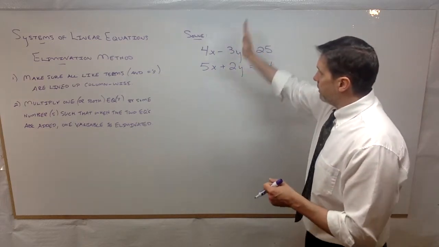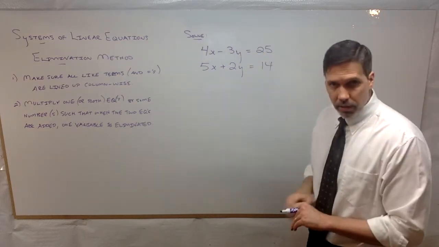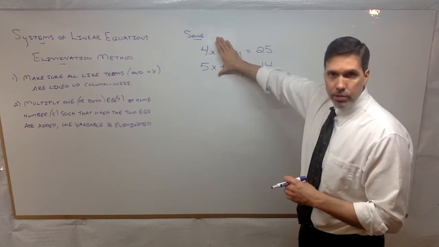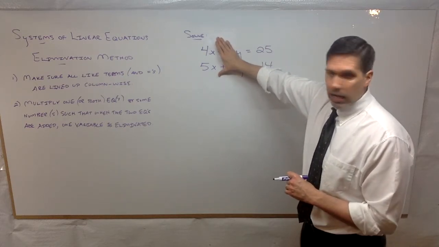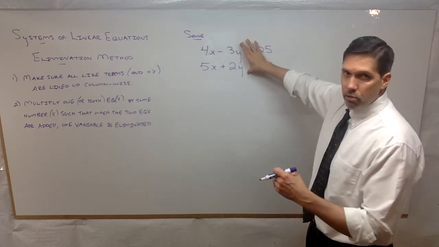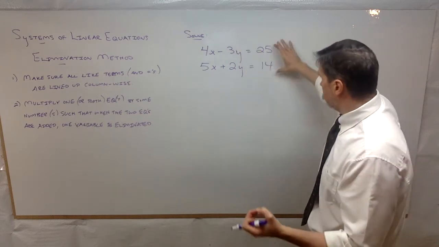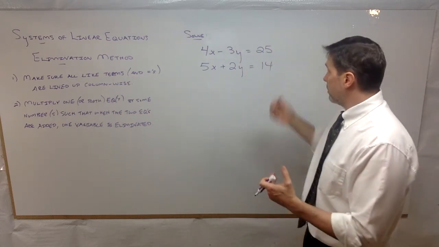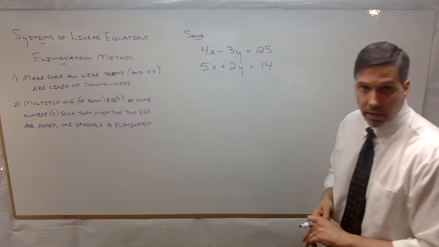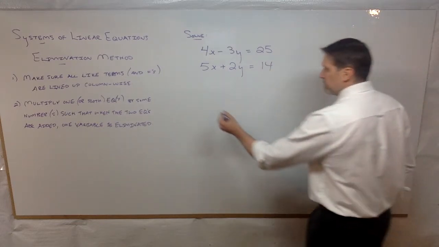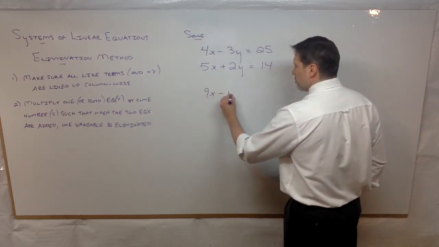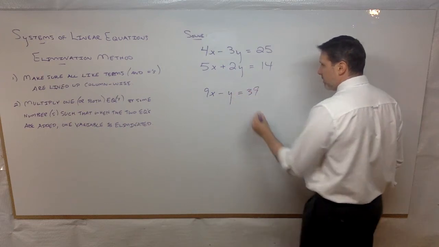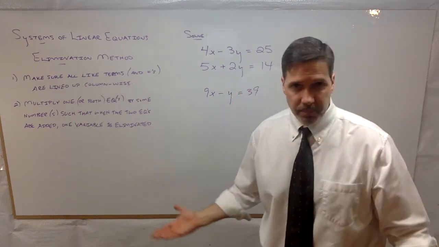If I were to add these two equations right now, not doing a thing to them, we'd get 4x plus 5x. That adds up to be a 9x. Negative 3y plus 2y adds to be a negative y. And 25 plus 14 gives us what? 39. So the equation 9x minus y equals 39 doesn't help me. Right?